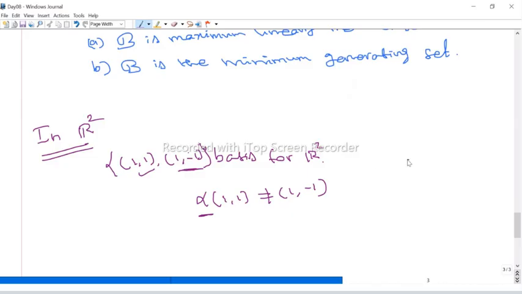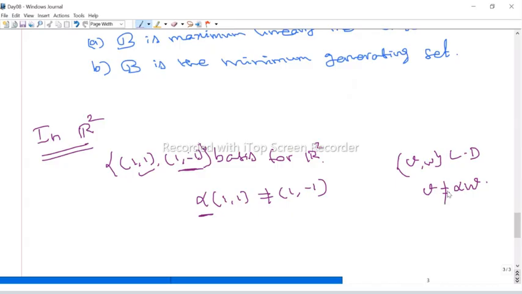Linearly dependent means what? Suppose we have two vectors v and w. We say these two vectors are linearly dependent if and only if one can be written as a scalar multiple of the other. If one vector can be written as a scalar multiple of the other vector, then v and w are linearly dependent. Suppose we cannot write one vector as a scalar multiple of the other, then these two vectors are linearly independent. This is for two vectors.